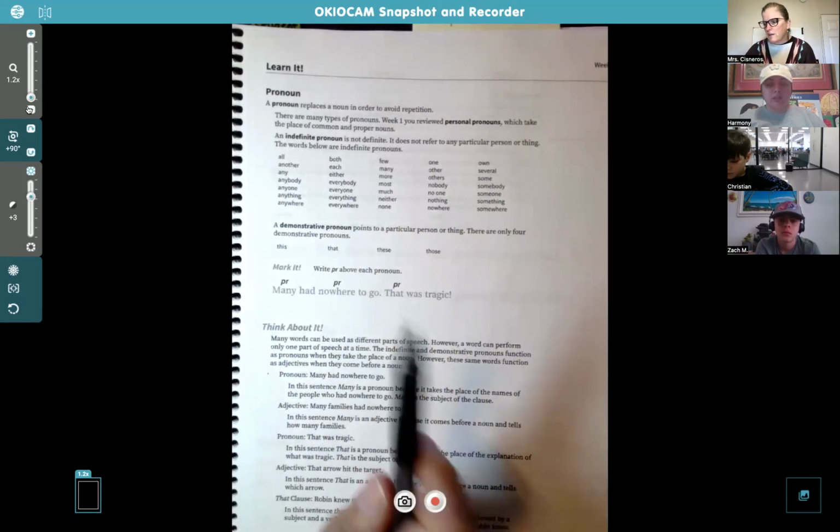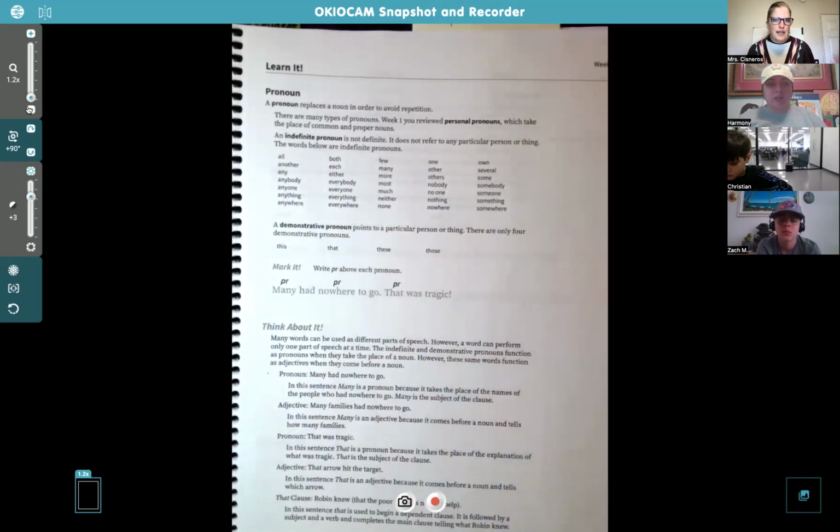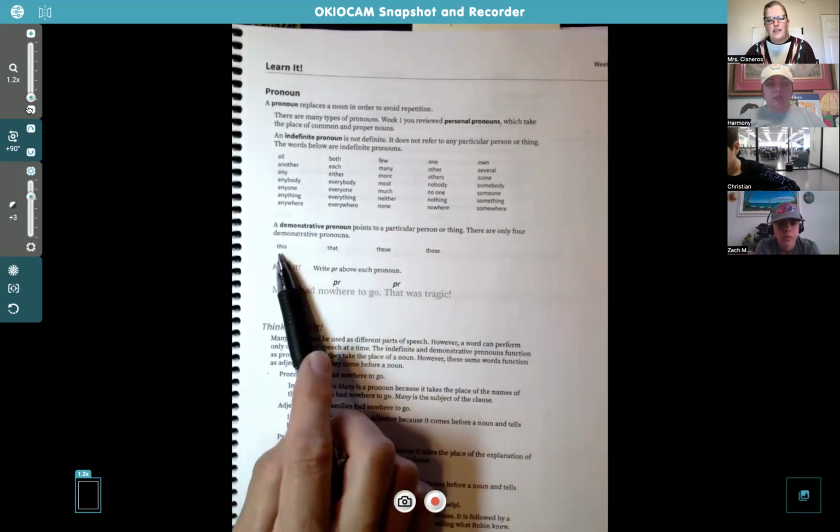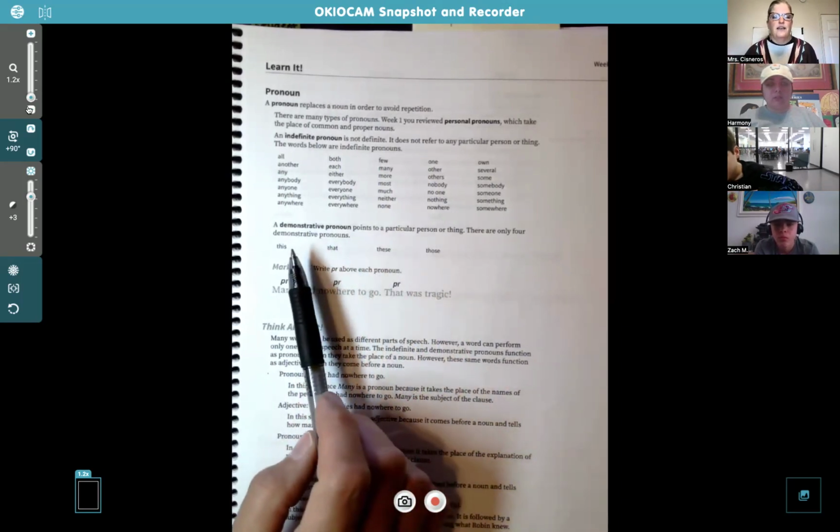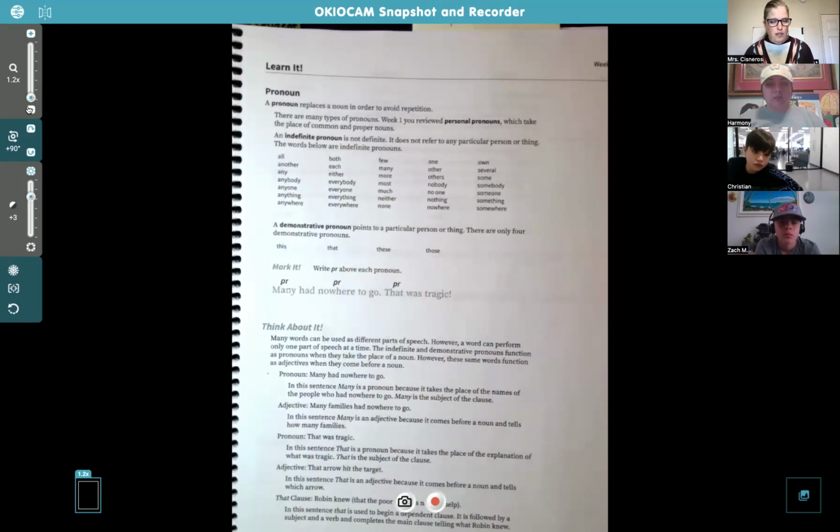So if you're thinking of demonstrate, you're thinking of a scientist in a lab doing a science experiment, and these are the words that are showing demonstrations, right? So like he or she might say, take this chemical and add it to that chemical, and then these together will explode. I know I have a weird mind, but hey, it helps me.